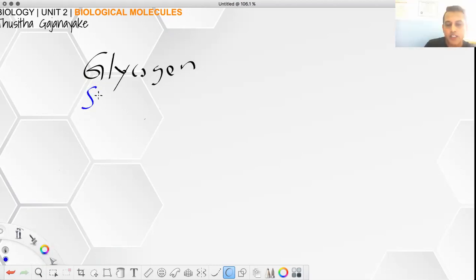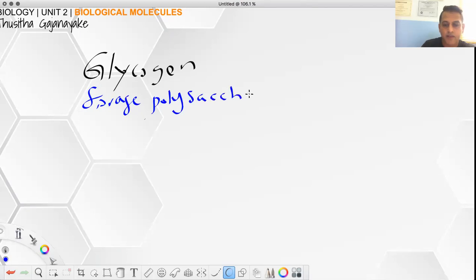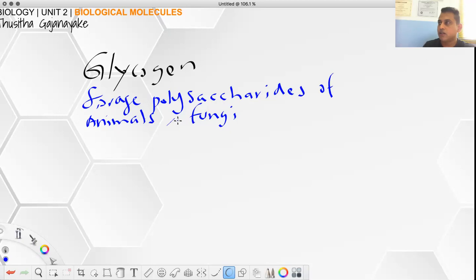It is the storage polysaccharide of animals, and we can also add fungi. In animals and fungi, it is the storage source of carbohydrate.